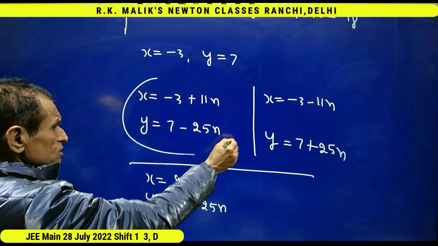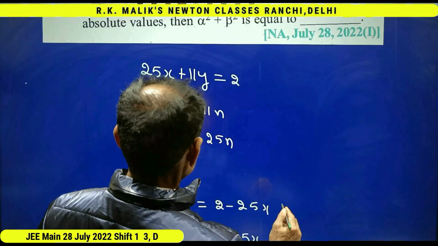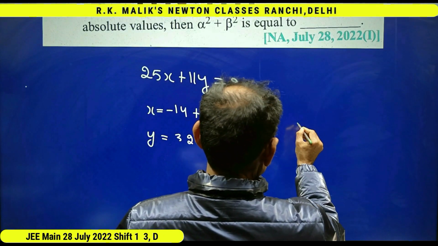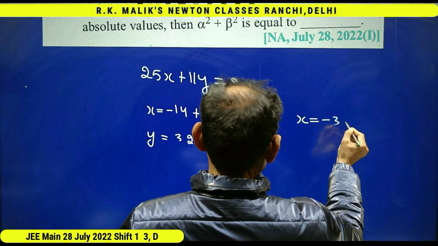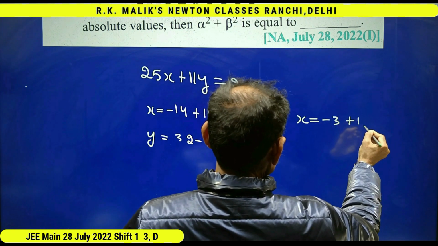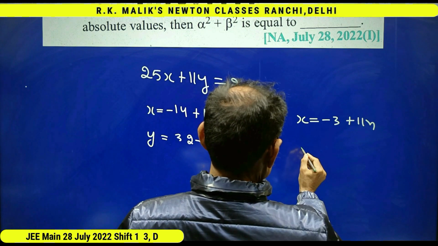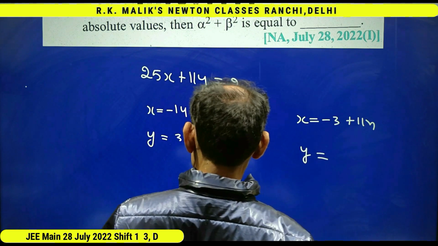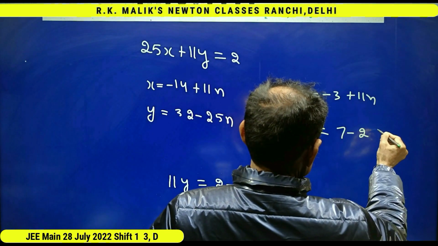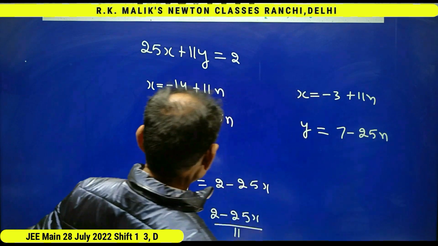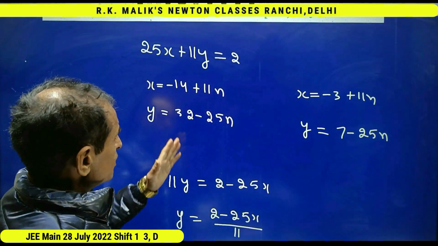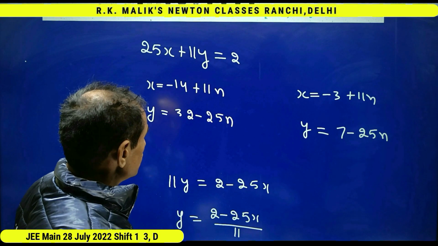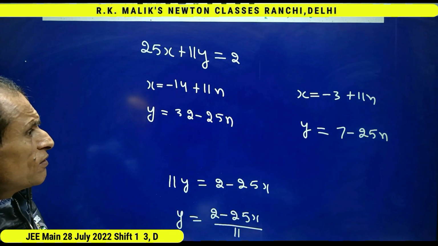Previously we had got this thing. That is, I had got previously x equal to minus 3 plus 11n and y I got was 7 minus 25n. Clearly these two solutions are only seemingly different.